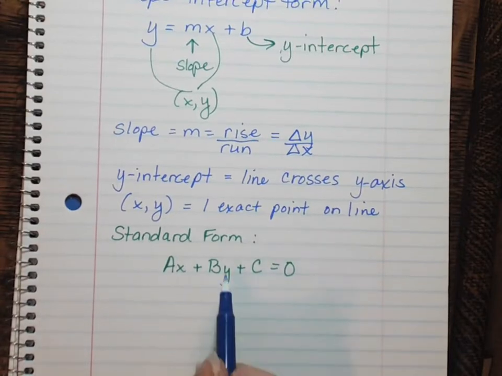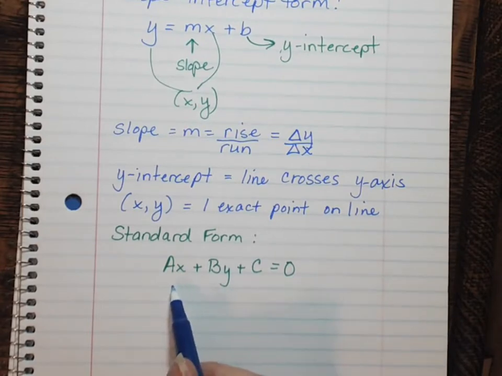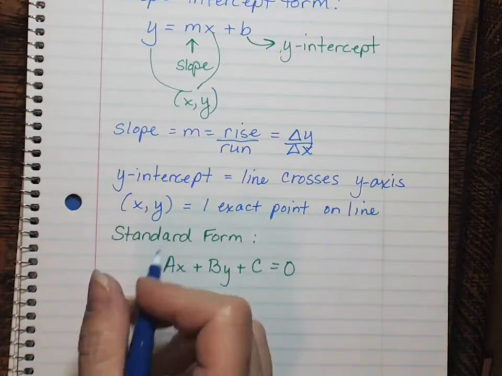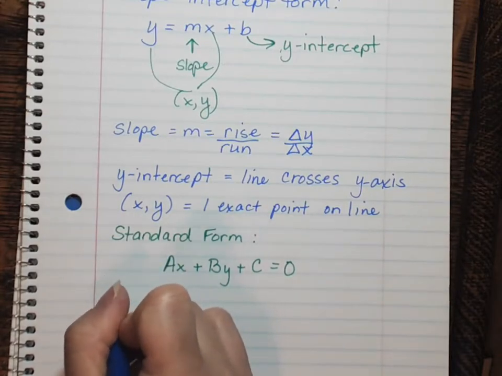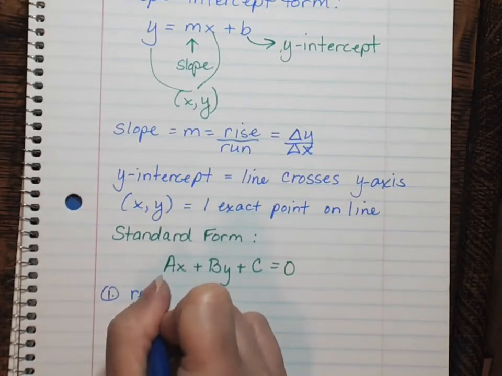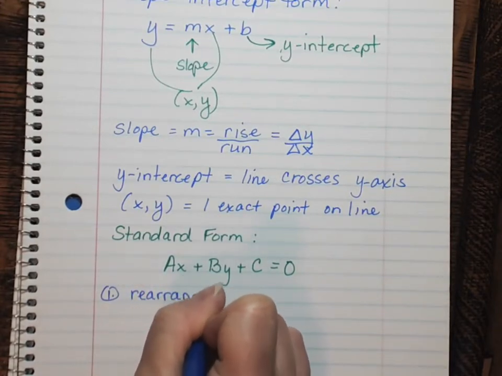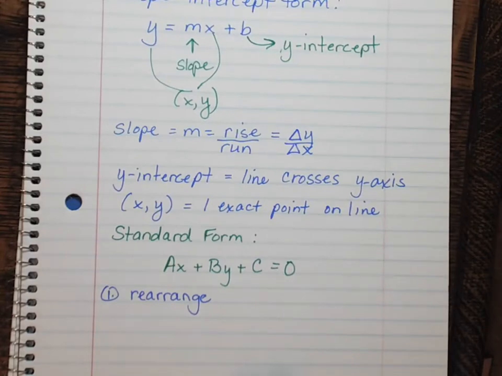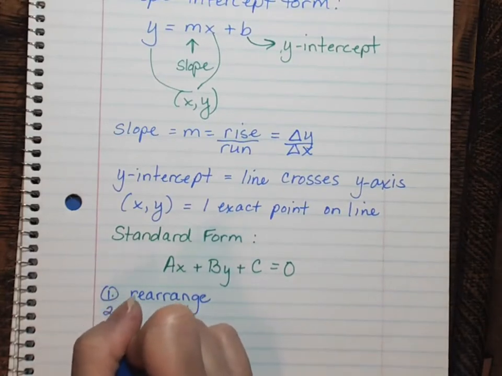Those variables that we're looking for would be the values that are associated with the x and the y. Okay, so what we want to do is we want to rearrange this equation so that we can get into slope-intercept form. So our steps are going to be rearrange, use inverse operations.